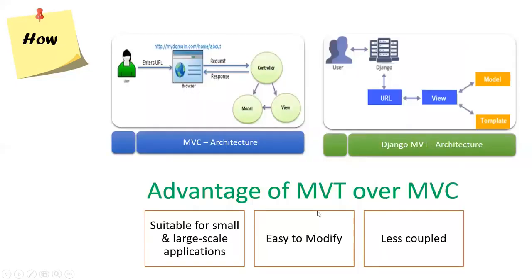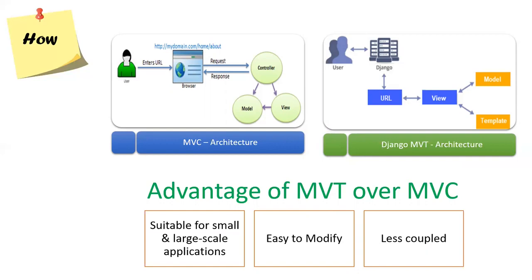How is Django? We are talking about what is Django, when is Django, how is Django, all those things, right? In computer science, model view controller is a popular architecture in computer software technology, right? The user will be handled using the controller.